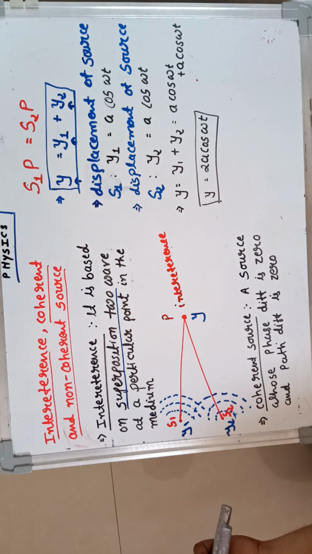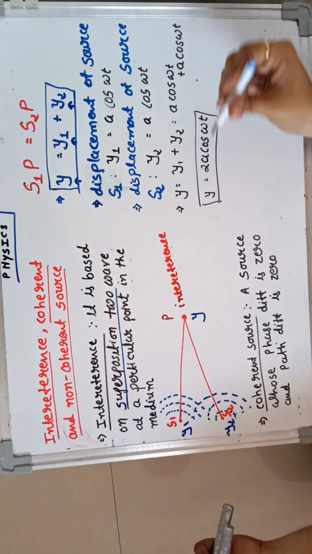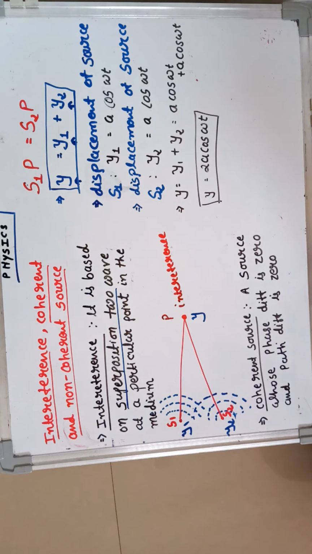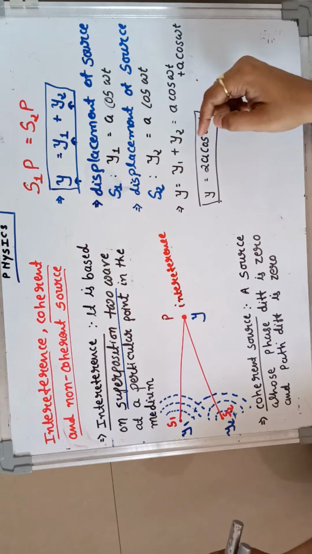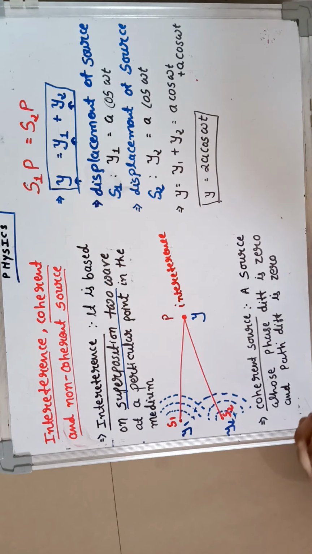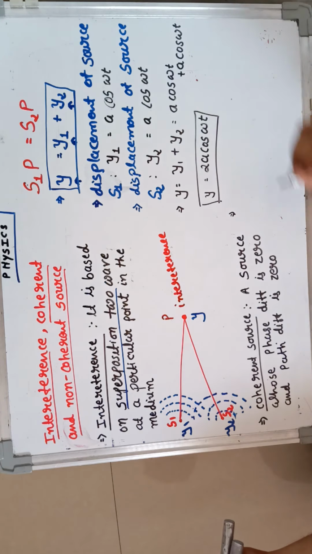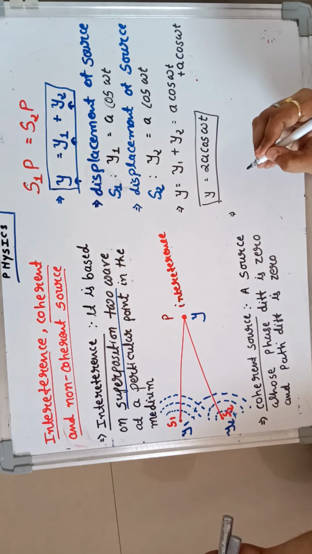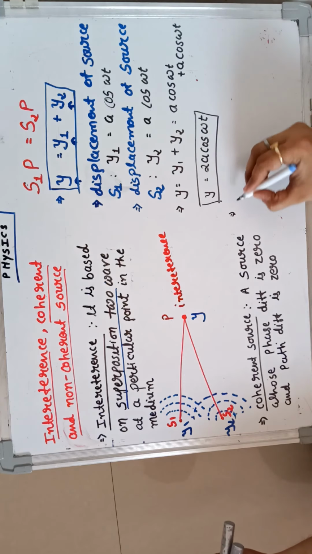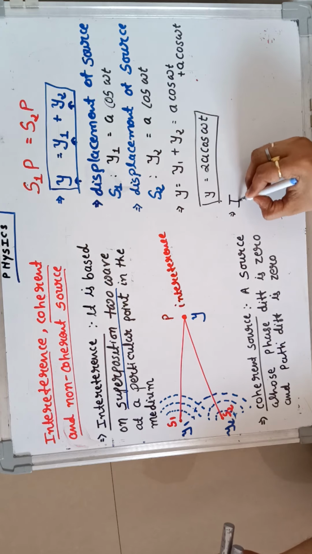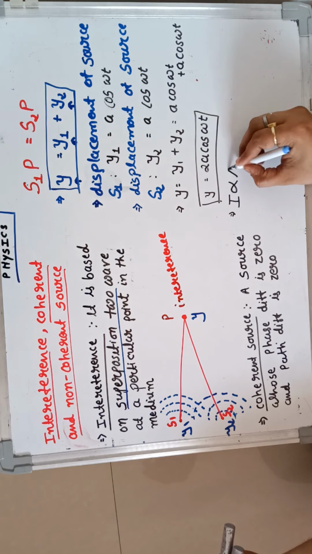Yes, so this is the explanation of the interference. Here is the final displacement. After that we study its intensity. As we studied in waves, chapter 15 of class 11 science, we know that I is proportional to a square.